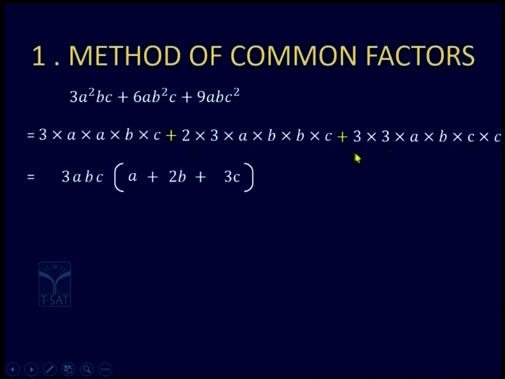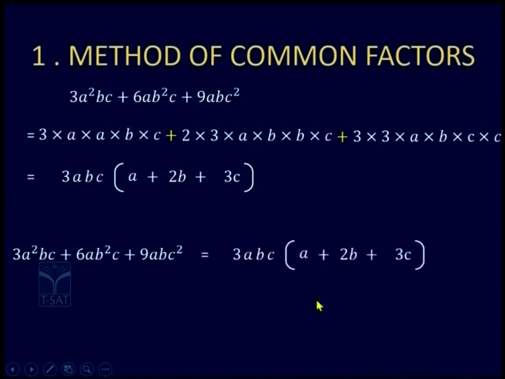And from the third part similarly, 3 is left over there and C also. So 3C. Thus 3ABC into A plus 2B plus 3C. Thus the given question 3A square BC plus 6AB square C plus 9ABC square is now factorized as 3ABC into A plus 2B plus 3C.